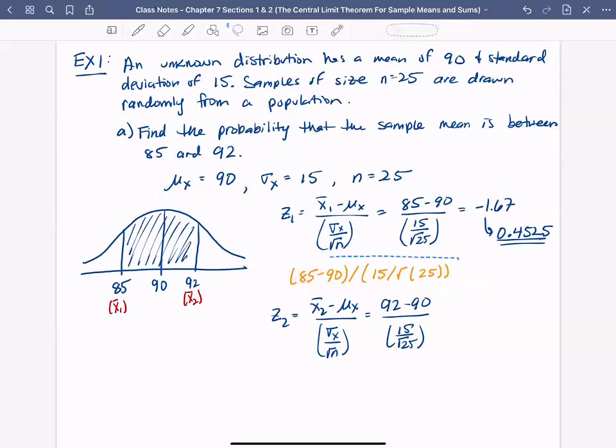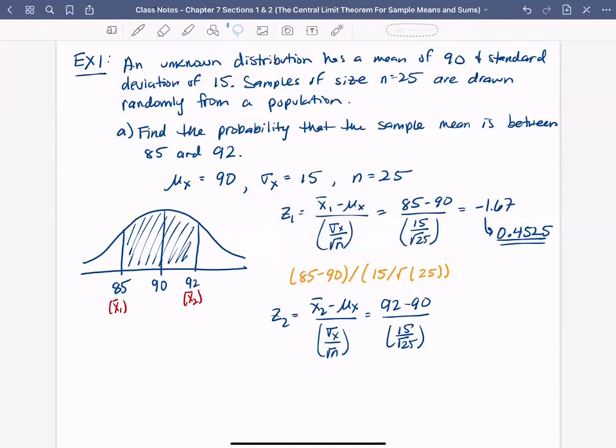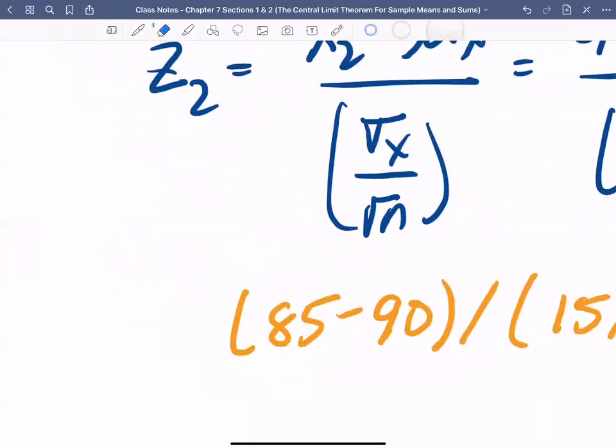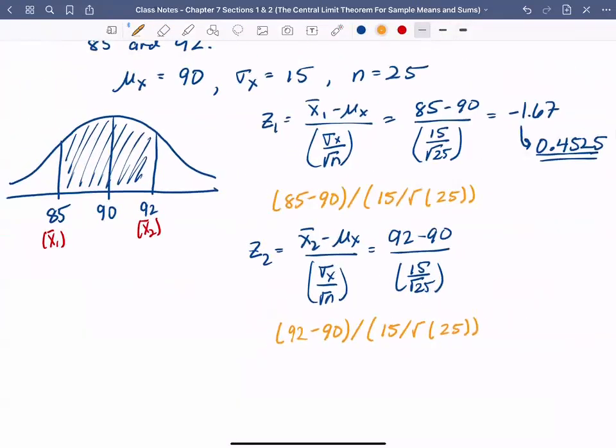So I can actually recopy this if I wanted to, so you can see. The same thing that you put in your calculator, almost identical. And then that equals 0.67. Again, it should be positive because it's to the right of the mean.